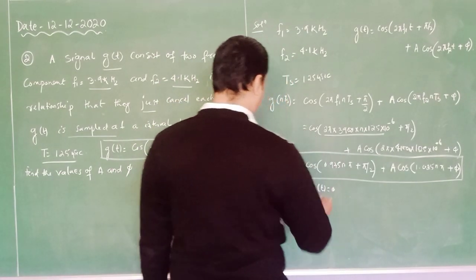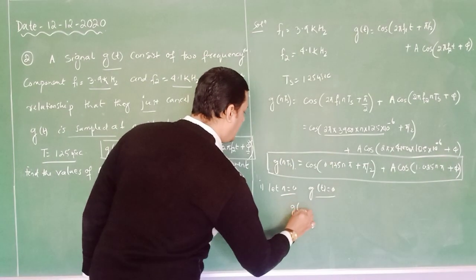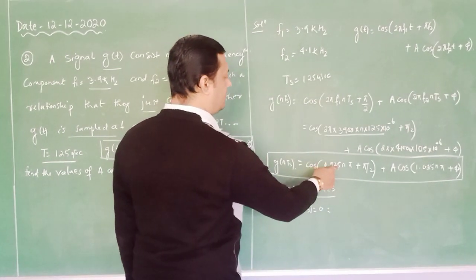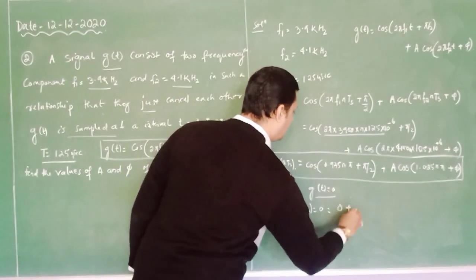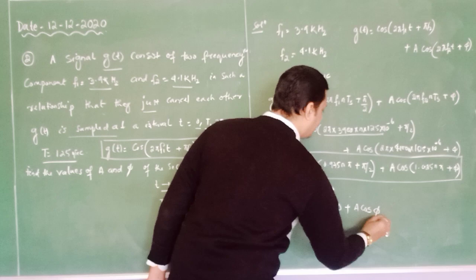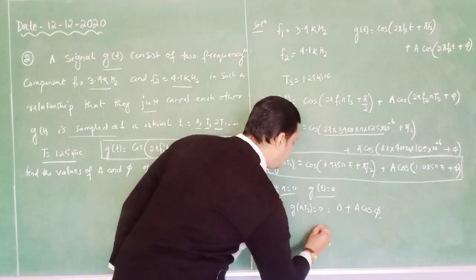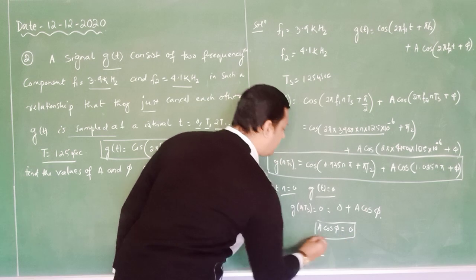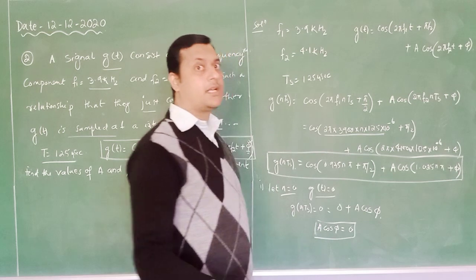So when I substitute this condition, g of nt is equal to 0. N equals 0 means this whole component will become 0. Cos of pi by 2 is 0. Here we are left with A cos phi. Since A cos phi is equal to 0, amplitude cannot be 0.